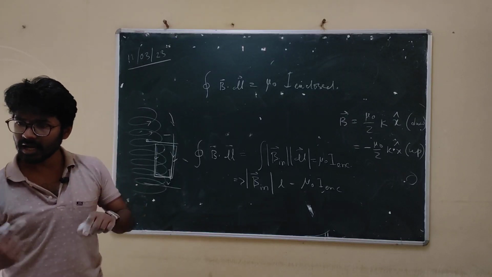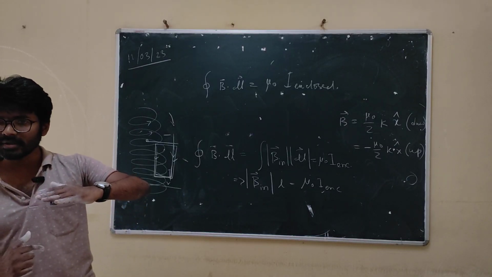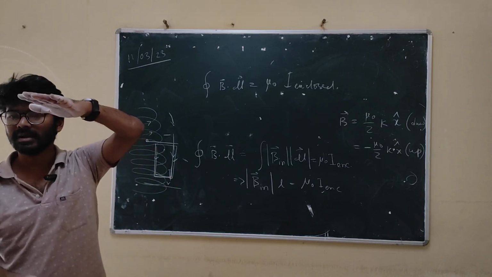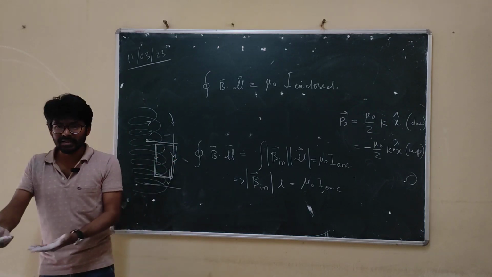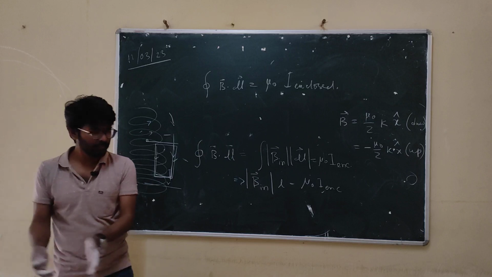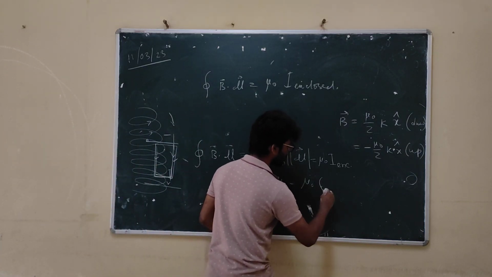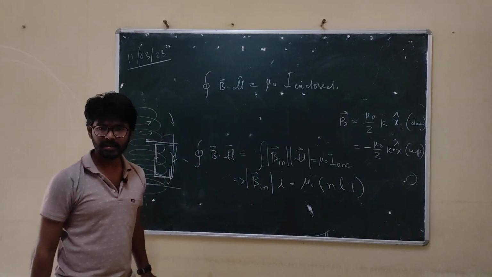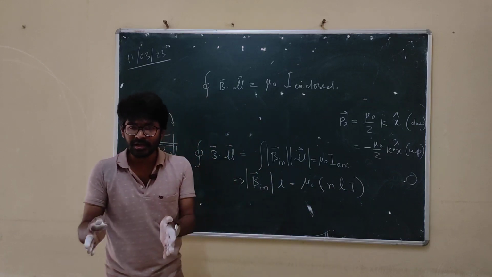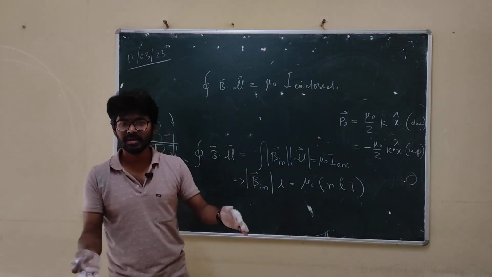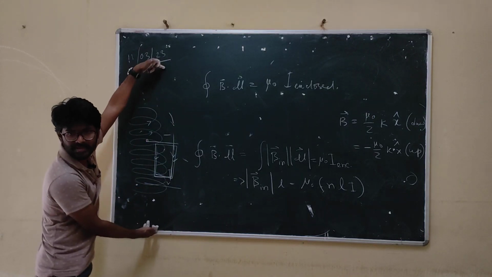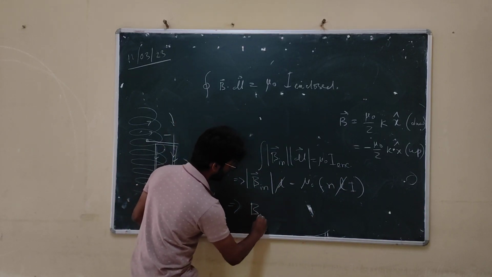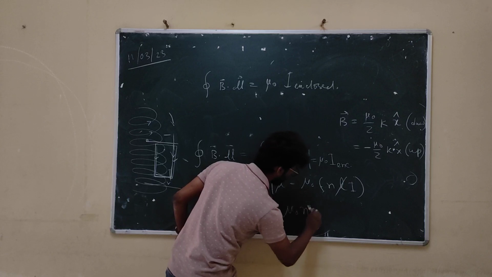One turn has current I, another turn has current I, so n turns' current and length multiplied together gives how much current you have. n turns per unit length multiplied by L gives how much we get, so I enclosed becomes n L I. Right, n I is the current per unit length, into length gives you the current in this loop. If L increases, the current will obviously increase, right? So L goes, so we have B inside equal to mu naught n I.